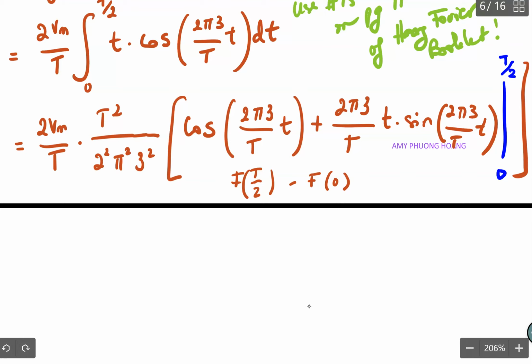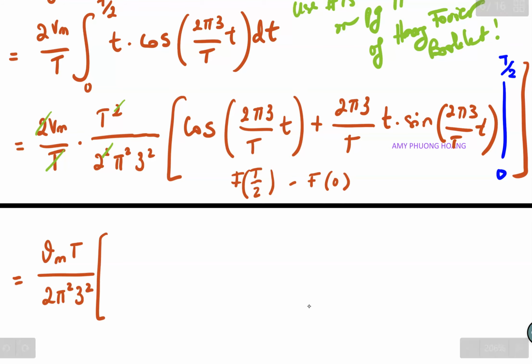Right here, why don't we simplify something? That 2 cancels with that 2, and here I can write it as V max times T divided by 2 pi squared and 3 squared. Now let's apply the fundamental theorem for this. Wherever you see the t, that's when you substitute in your T over 2.